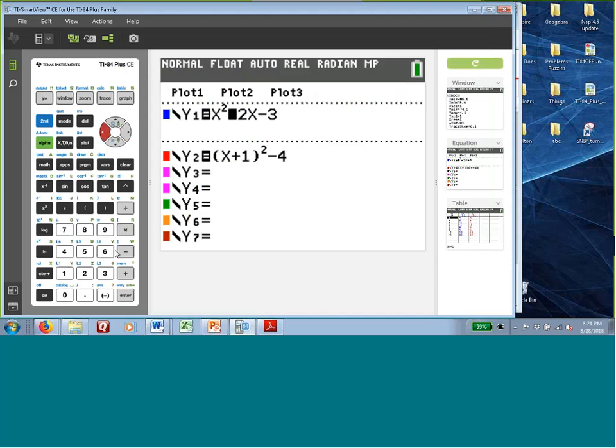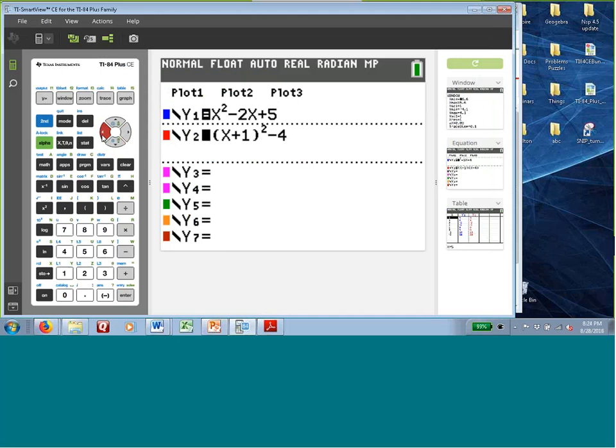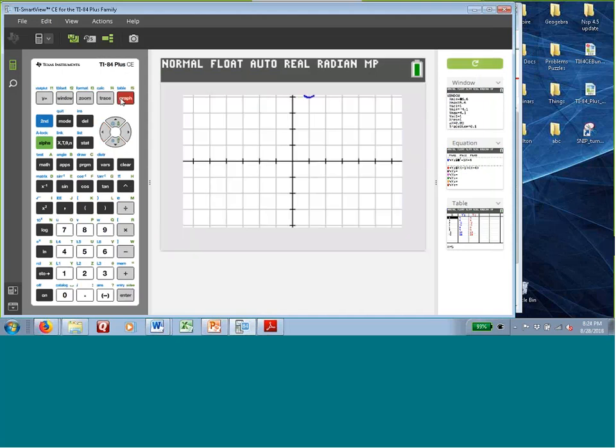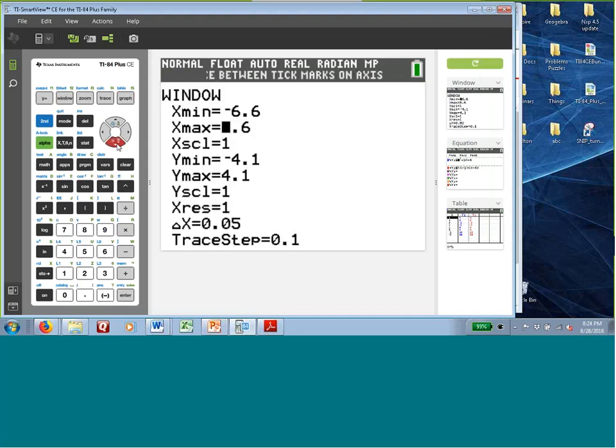Let's do -2x, I think -2x, yep, plus 5. Okay, I'm going to just turn this one off right now. Here is my graph, and you can see it's really off the top of the screen, so I do need to change my y max to deal with this.